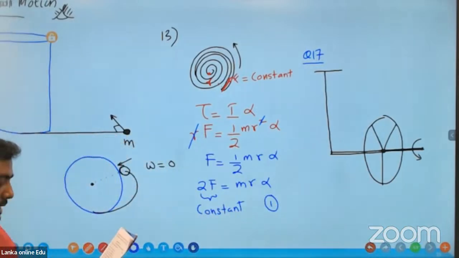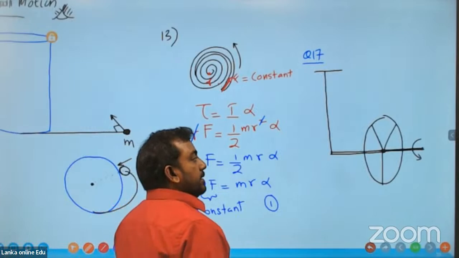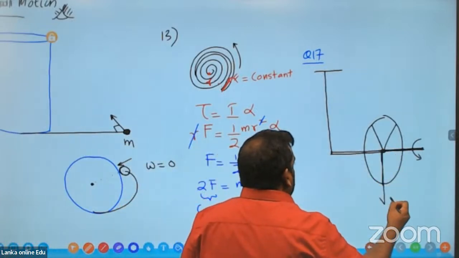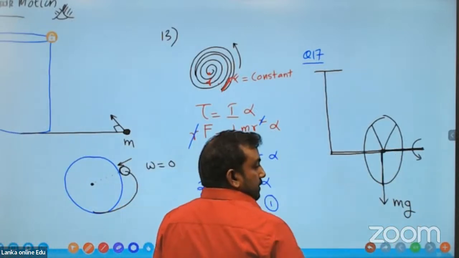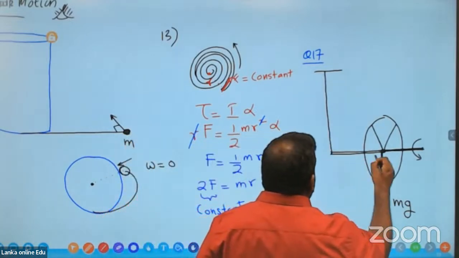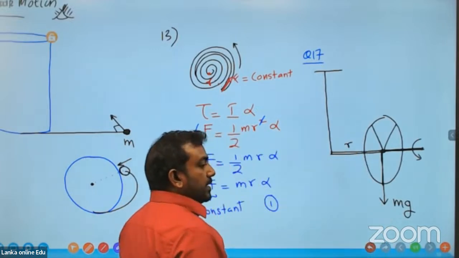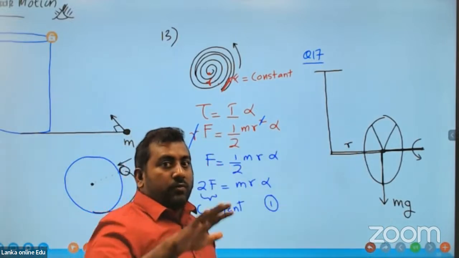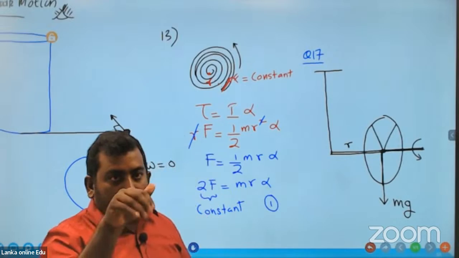Don't forget, the weight of the wheel is also here. This distance is R. Now there will be a torque. Right hand grip rule.